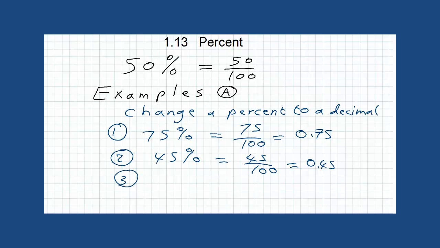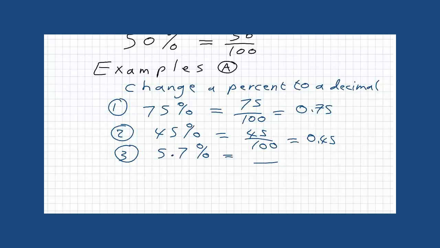A third example, 5.7% (5 and 7 tenths percent), do the same thing. Just put 5.7 over 100, and if you divide any decimal number by 100, you just move the decimal point to the left 2 digits. So it will be 57 thousandths.